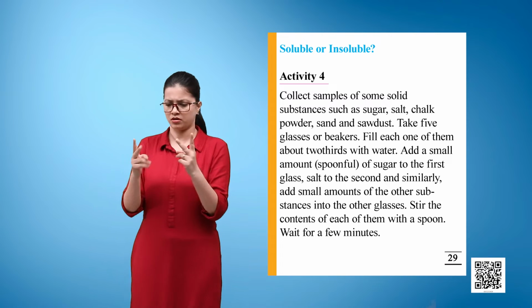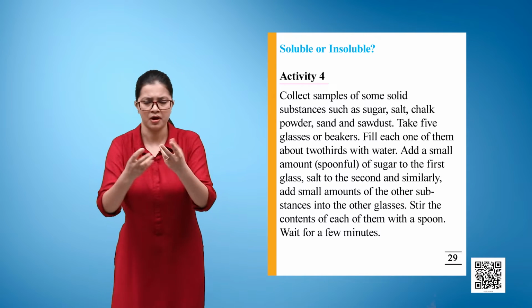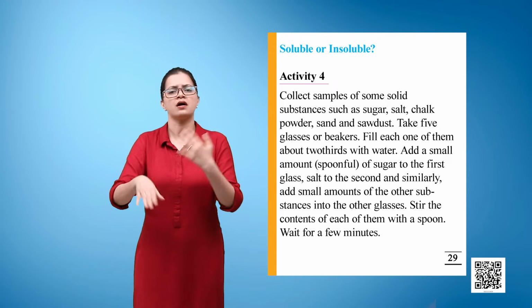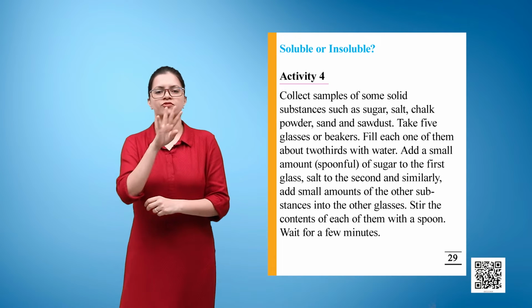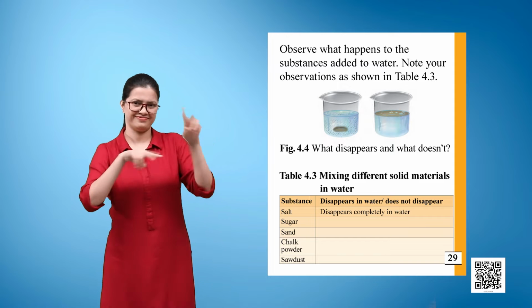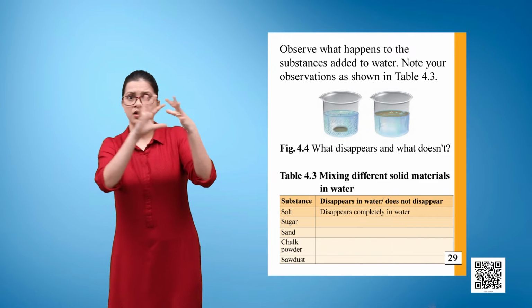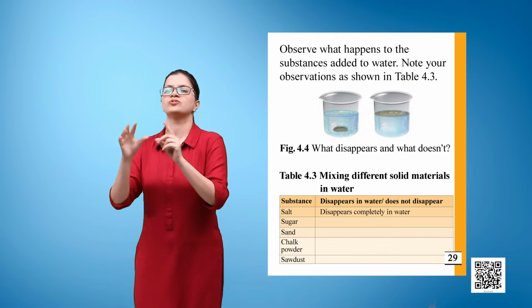Stir the contents of each of them with a spoon. Wait for a few minutes. Observe what happens to the substances added to water. Note your observations as shown in Table 4.3.